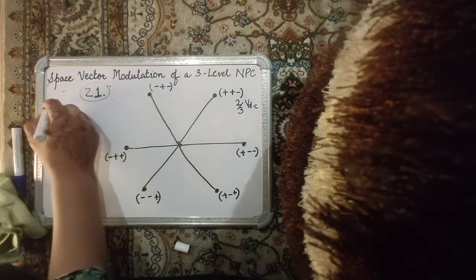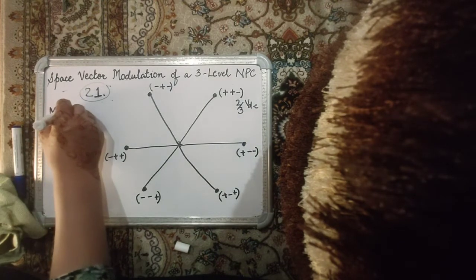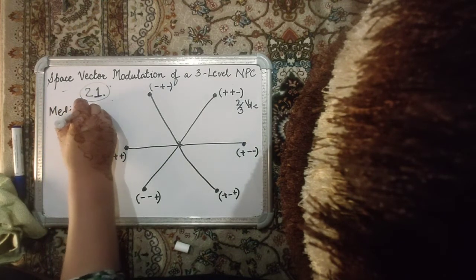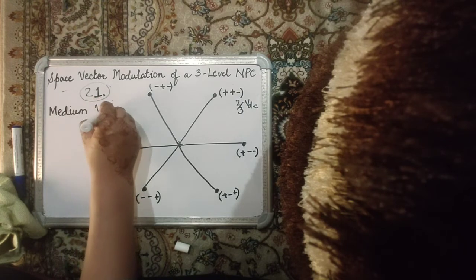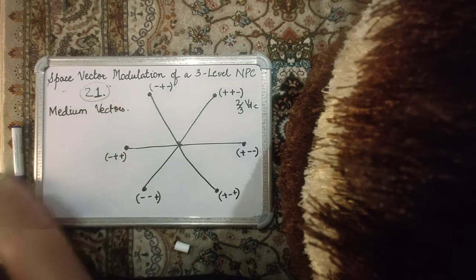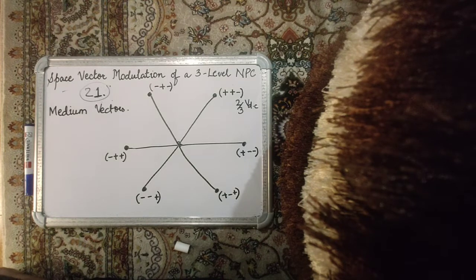Now, which ones are the medium vectors? Again, there are a total of 6 switching states that correspond to the medium vectors. In the medium vectors, one phase is positive, one is negative, and one is 0.